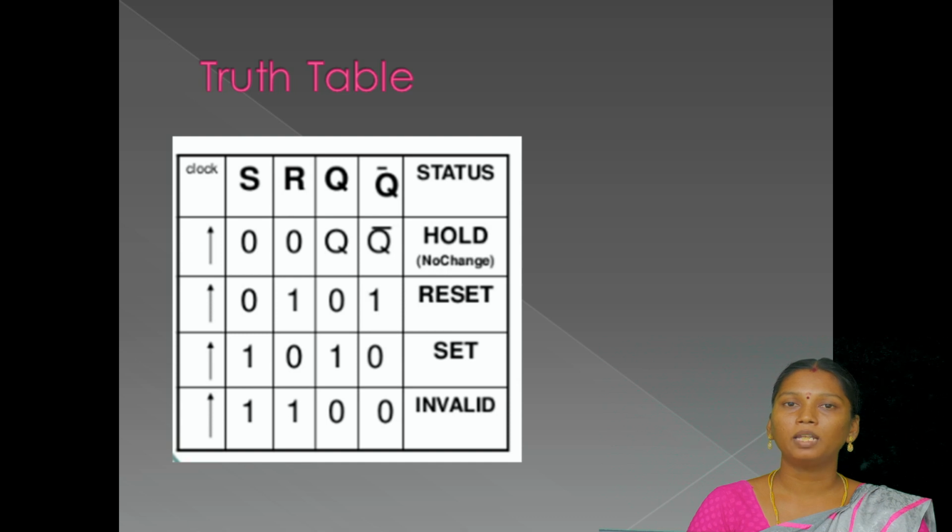S equal to 0, R equal to 1 means reset to 0. S equal to 1, R equal to 0 means set to 1. S equal to 1, R equal to 1 is invalid. This is the truth table of the clocked RS flip-flop.